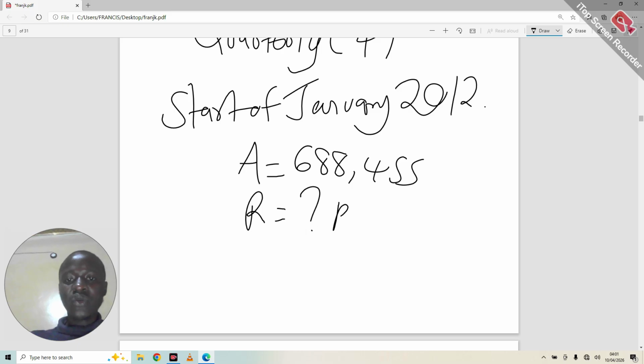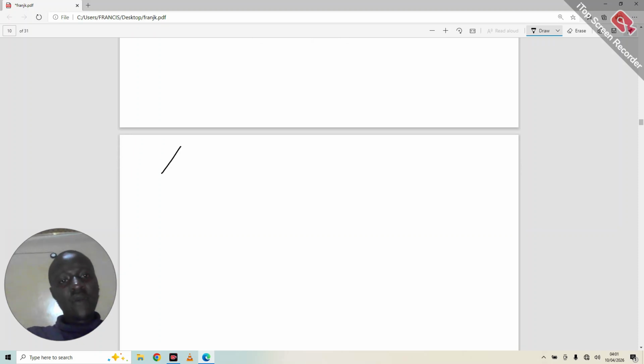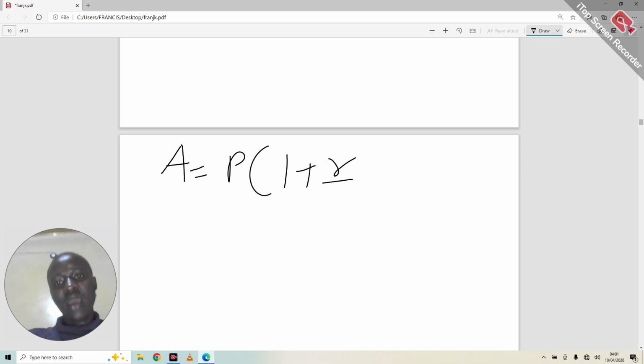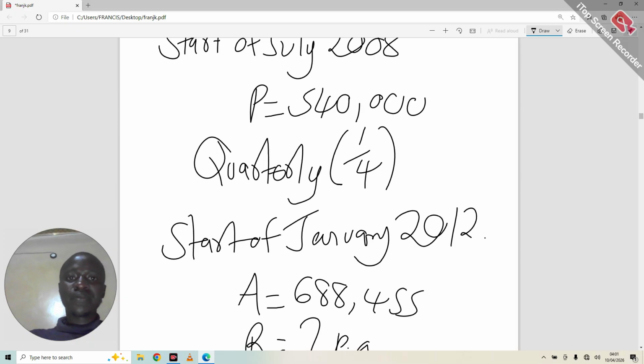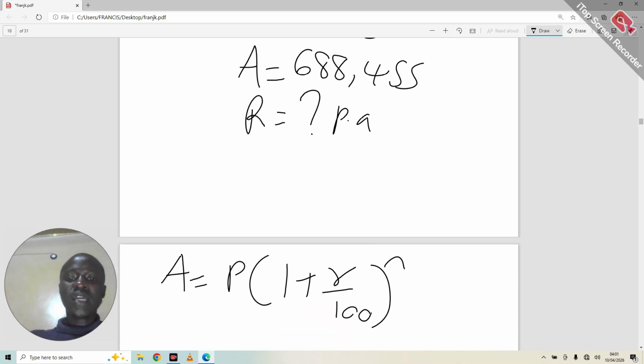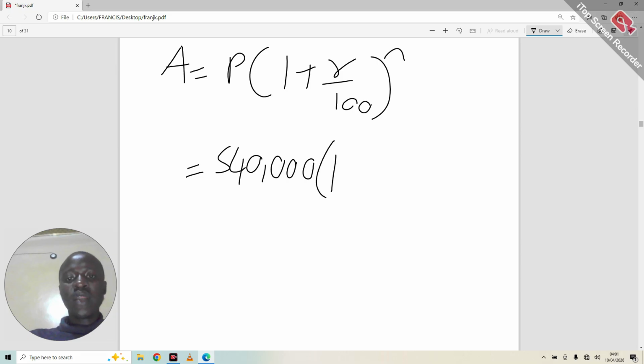So we'll have the formula amount equals principal into 1 plus r over 100 power n. Now we have the principal as 540,000 into 1 plus rate.